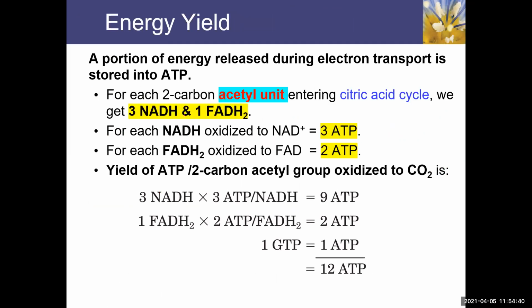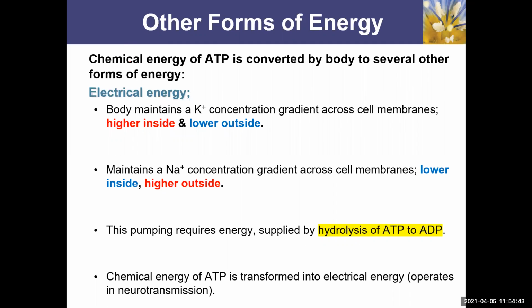Okay. So here it's trying to explain that the chemical energy present in the ATP will be converted to several other forms of energy. For example, whether we talk about the depolarizations in the neurons or in the muscles, we use these ATPs.